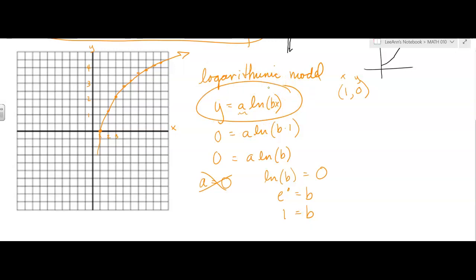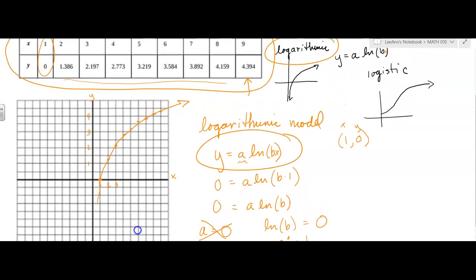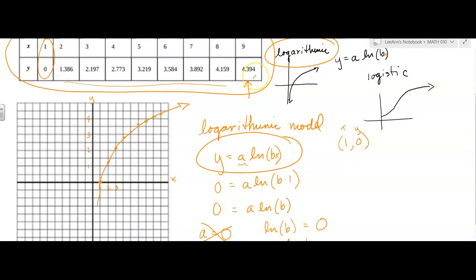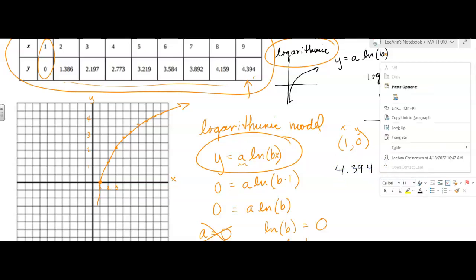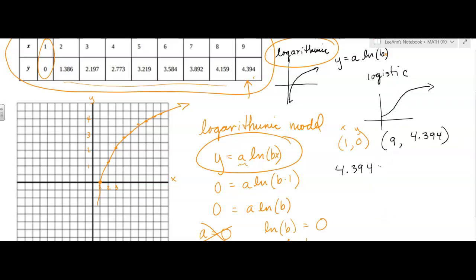Okay, so now I'm going to use another point, and I'm going to use this point at the end, and it's going to be 9 for x and 4.394 for y. So we're going to say 4.394 equals a, which we know is 1, right?